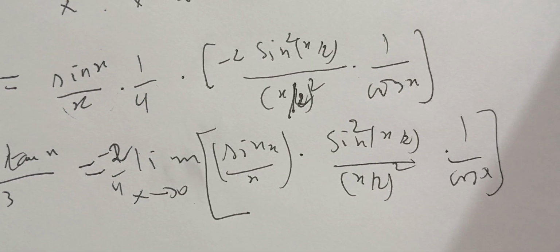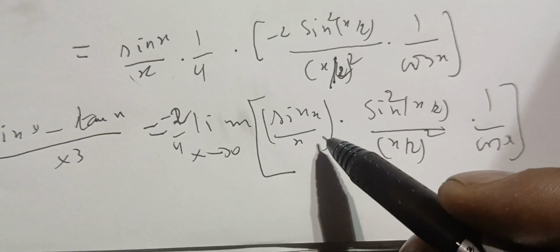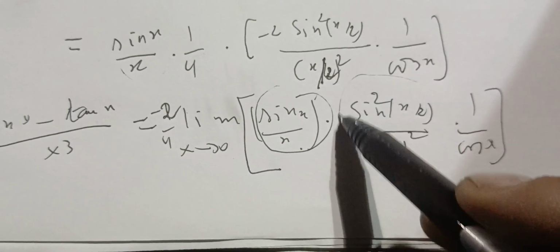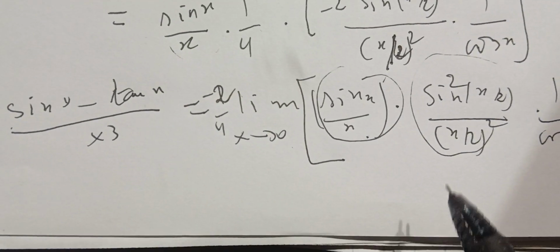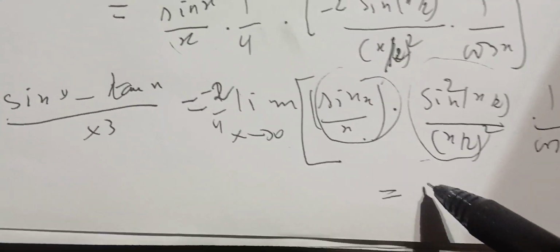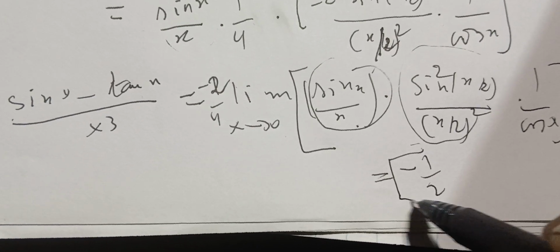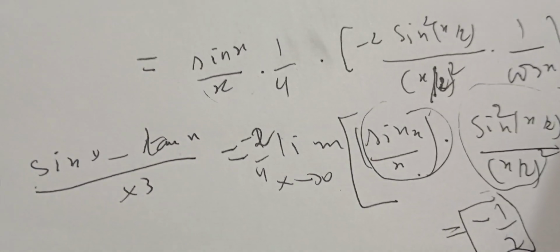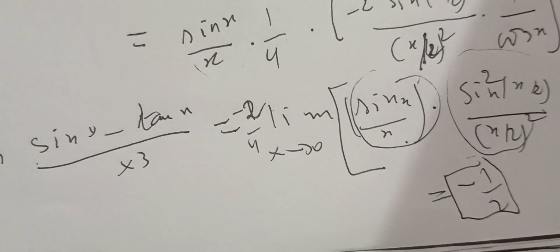When x goes to 0, this is 1, this is 1, and this is 1. So we get minus 2 over 4, which is minus 1/2. So the limit is minus 1/2. Try to rework this problem.